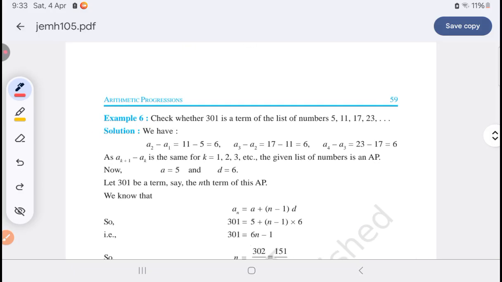And check whether 301 is a term of the list of numbers. So A2 minus A1, 11 minus 5, equal to 6. So you form the common difference. Now A is equal to 5.